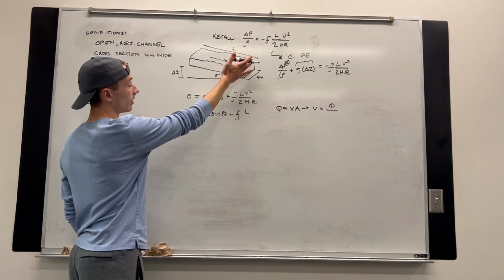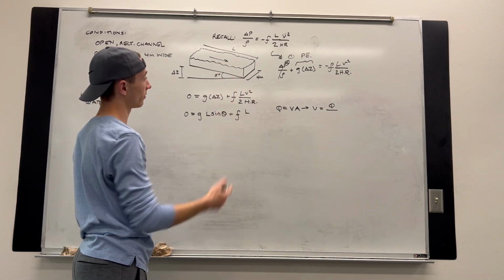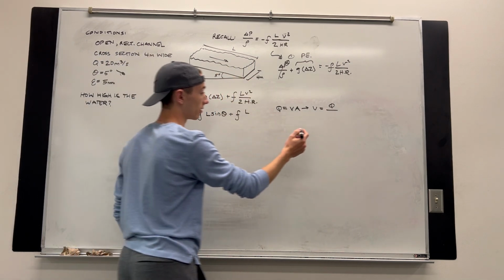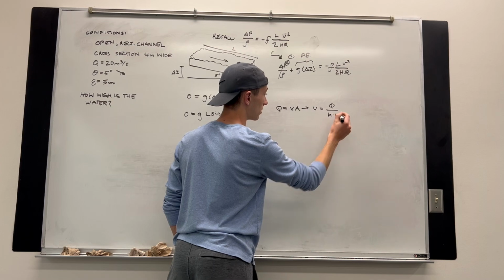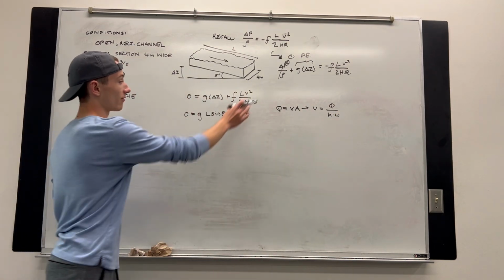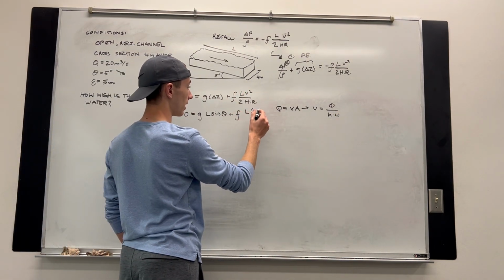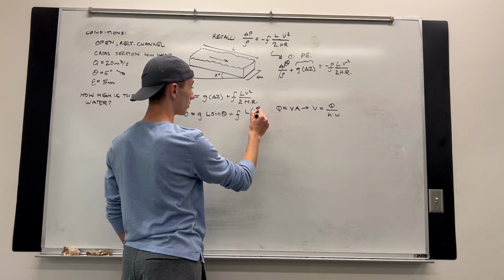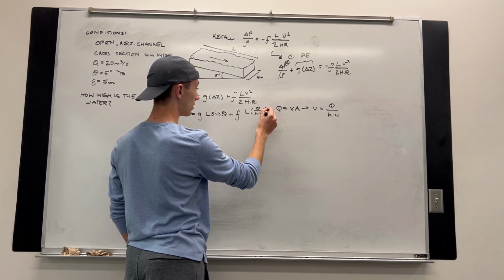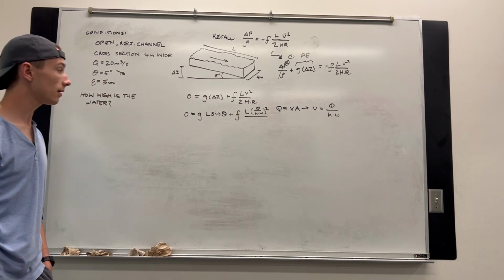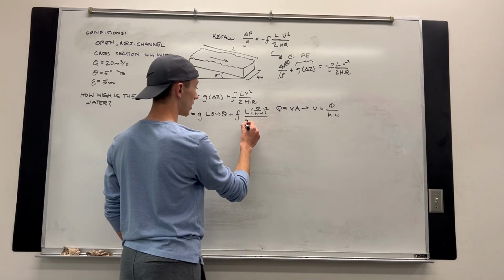The cross-sectional area of our culvert here, or ditch, or whatever you want to call it, is the height times the width. So I'm just going to write h times w. And then we have velocity squared, so let's put that in here: Q over h times w, squared, divided by 2 times the hydraulic radius.